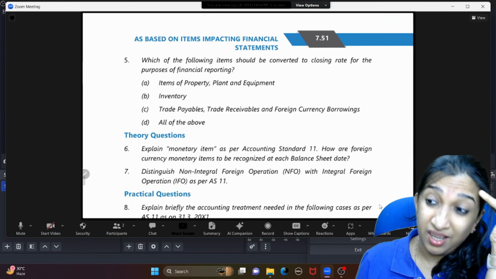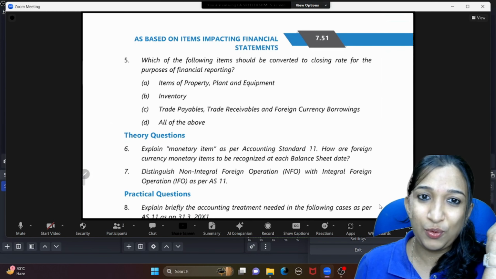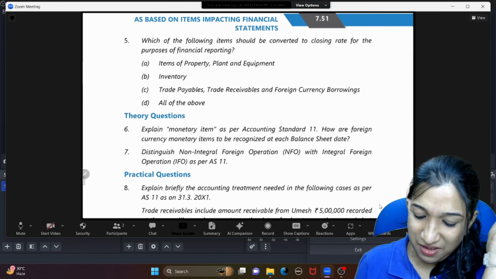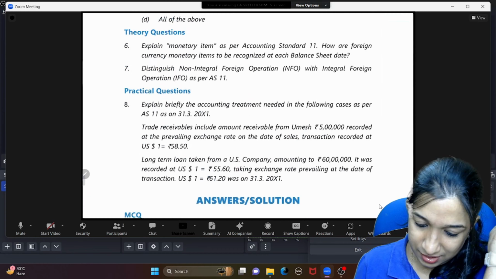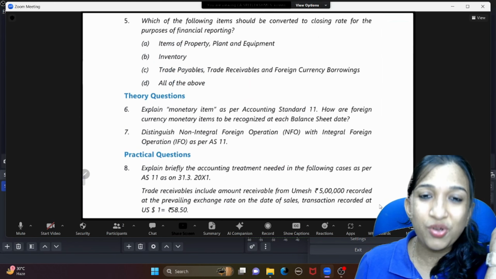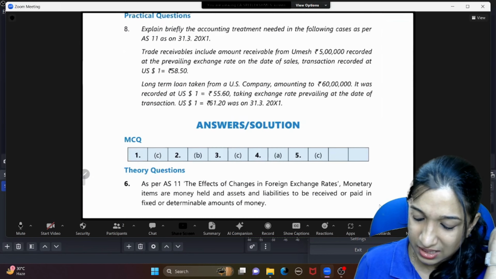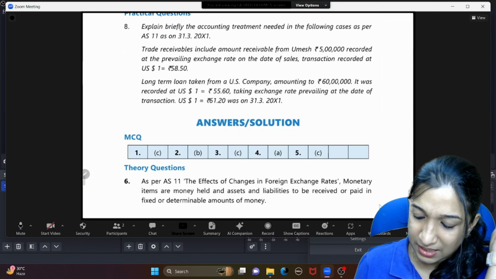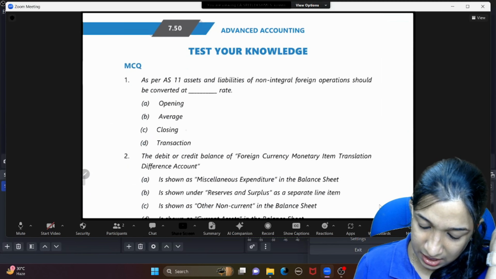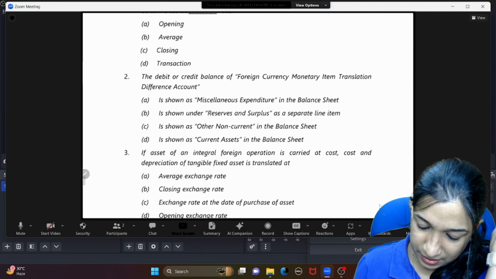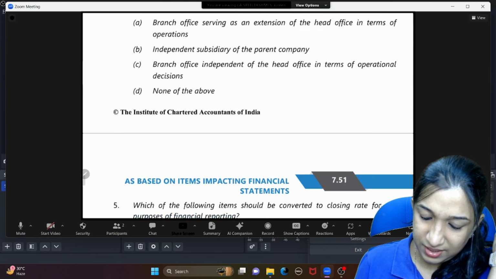If it is a foreign operation, all of the above. Foreign operation they have not mentioned. So trade payables, trade receivables. Okay. C, B, C, A, C.